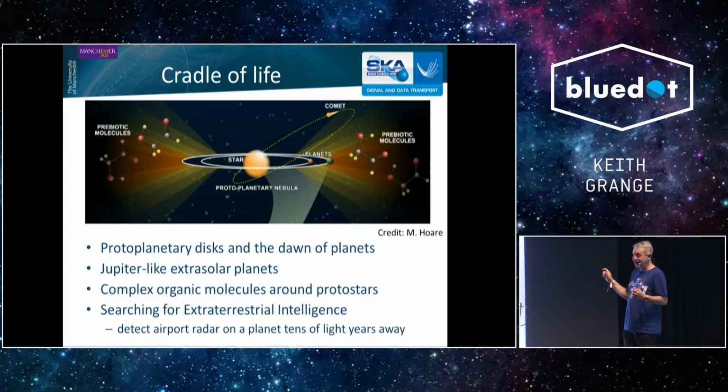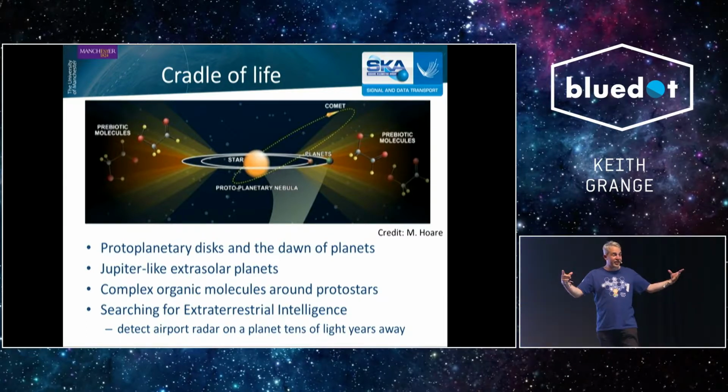And then finally, there's the possibility that with the extreme sensitivity of the SKA, if you imagine that an alien civilization might use something like airport radar, exactly like us, the sensitivity of the SKA will be sufficient that we'll be able to pick that up from planets in a decent radius around us, about tens of light years or so.